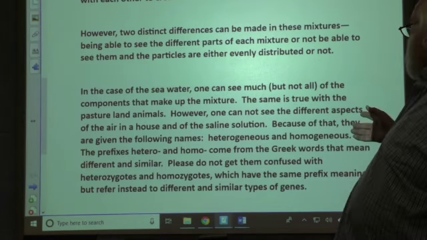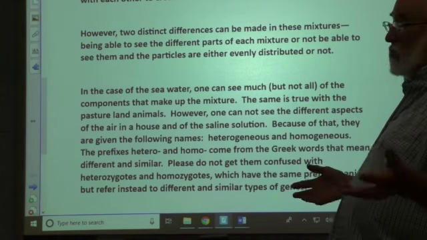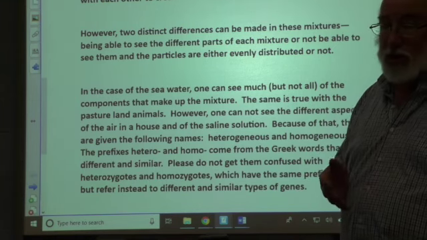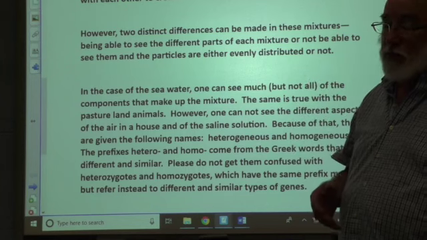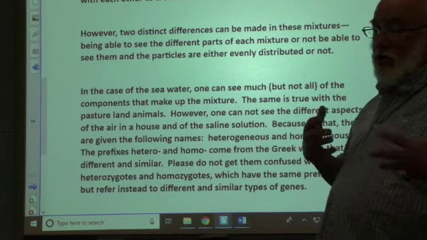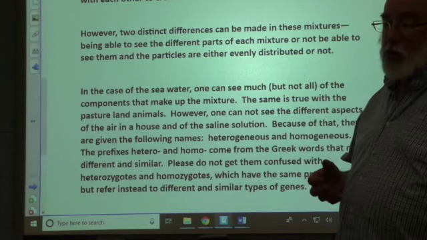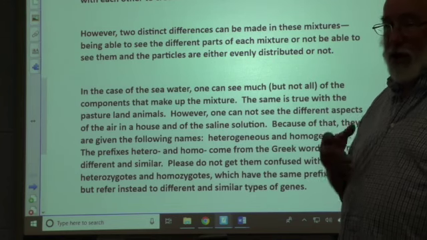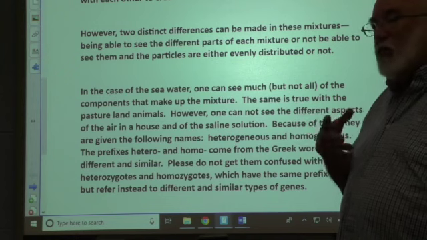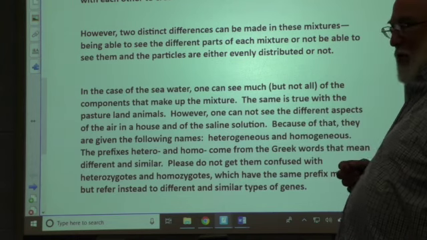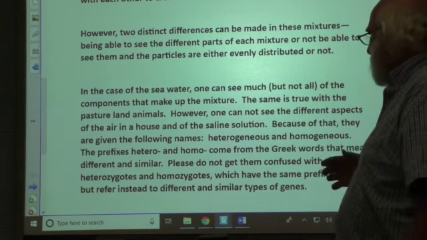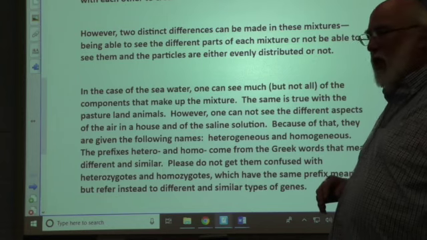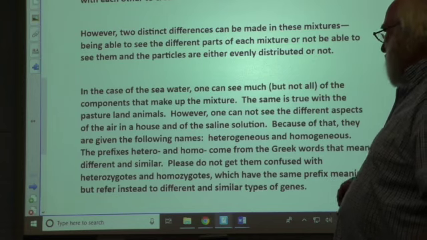However, one cannot see the different aspects of the air in a house or of the saline solution. We know it's a mixture because if you were to actually drink the saline solution, you'd know right away that you're not drinking just water. You're drinking water and salt, and you might be able to taste whatever stuff they put in. I can't imagine that's good for you, but if you did, you may not notice exactly what that is. It might be a little aftertaste that's not so good.